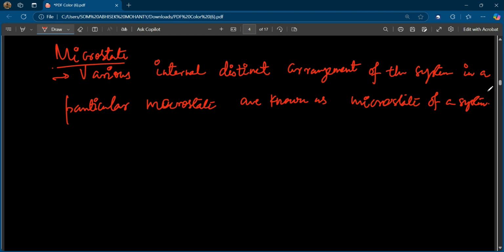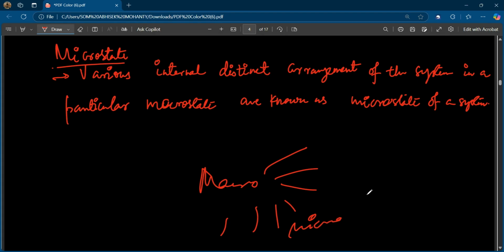The number of microstates for a thermodynamic system is usually very large. A system can have many macrostates, and there exists a large number of microstates corresponding to each macrostate.